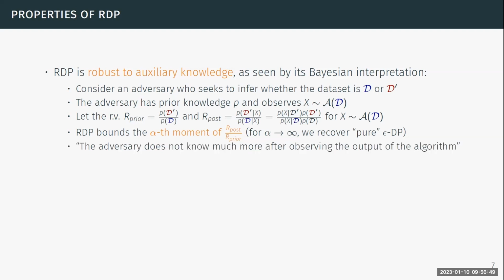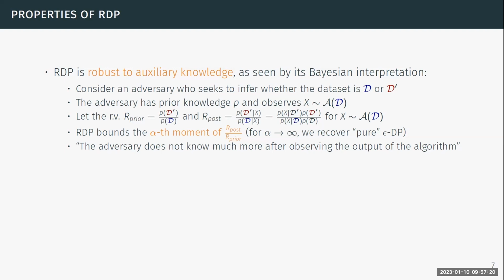So what this means essentially in English, right? This is kind of saying that the adversary does not know how much more after observing the output of the algorithm, right? So it bounds in a certain way this ratio of how confident I was before and how confident I am now about whether it is D or D prime. Okay, and so this works whatever the prior knowledge of the adversary, which is the best we can hope for, right?